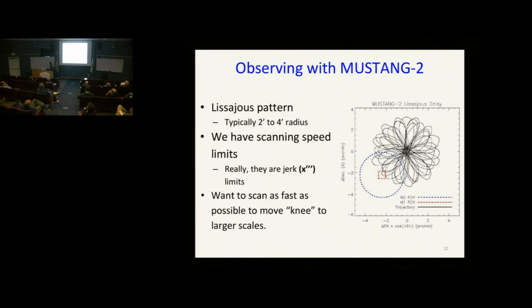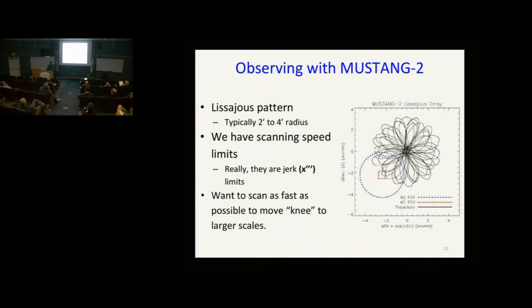I should note the typical radius that we use is between 2 and 4 arc-minutes. If you include our field of view, you see that we're accessing those typical radii for the galaxy clusters that we're interested in. So 2 to 6 arc-minutes is what I had before.